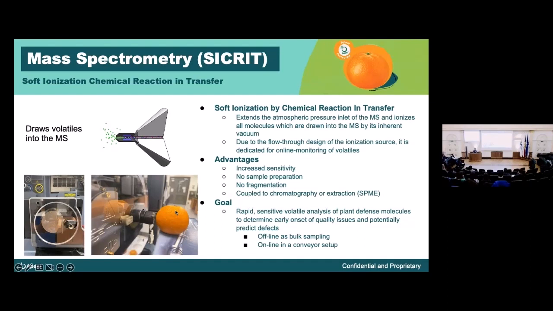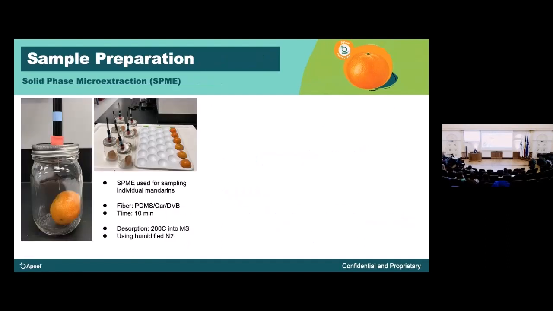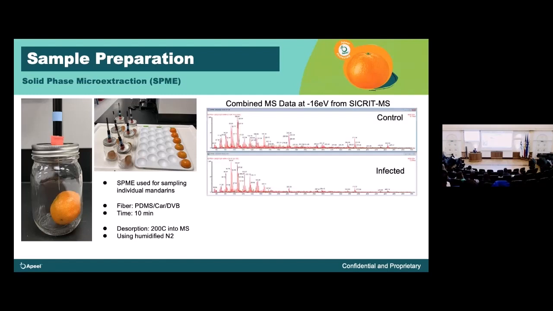What we ultimately did is put a SPME adapter on top, and so we use SPME to do some of this work. This is what it looks like, just headspace of the fruit in a jar, and we inject this right into our mass spec. You get an immediate response, and you can see the different mass spectra of your control and infected.